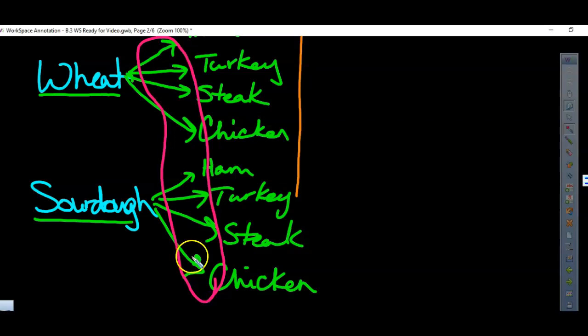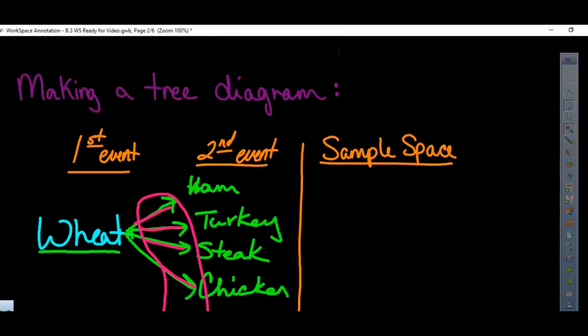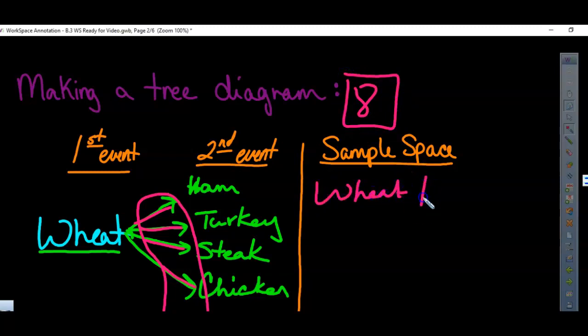So in this case, it was 1, 2, 3, 4, 5, 6, 7, 8. We're counting up those arrows. That's all we're doing. So our answer is 8, still 8. And again, that sample space is just a list of all of them. So if it asked us what they are, we have to write down the list. Okay?